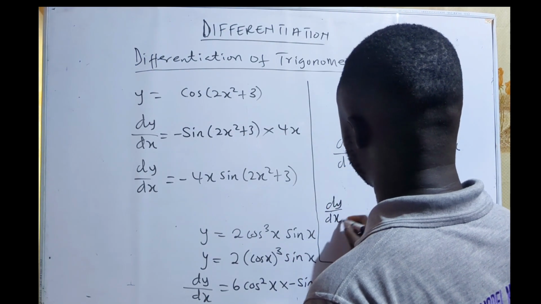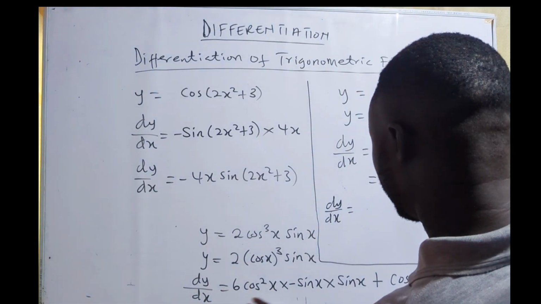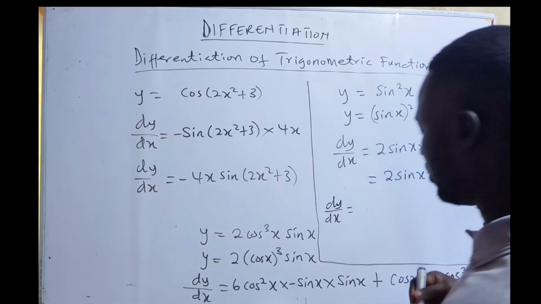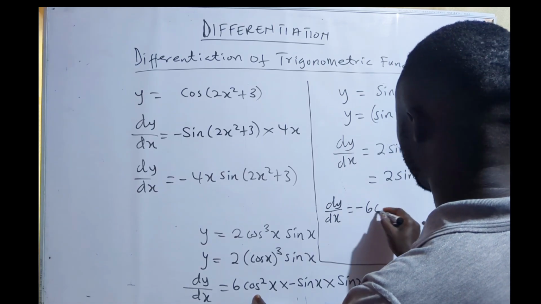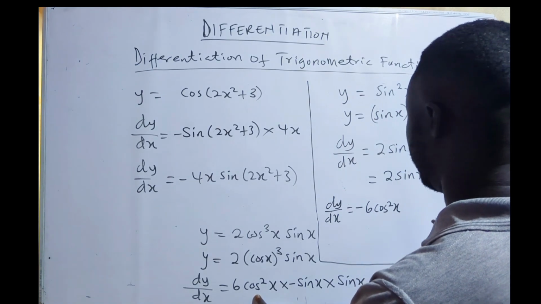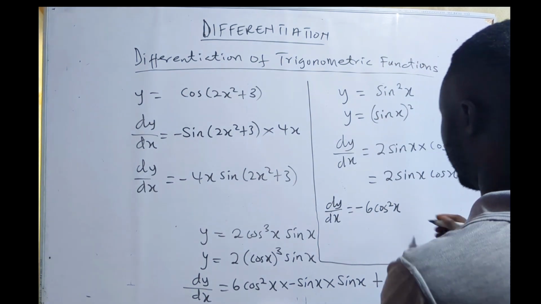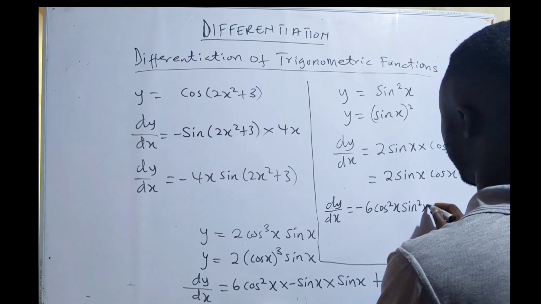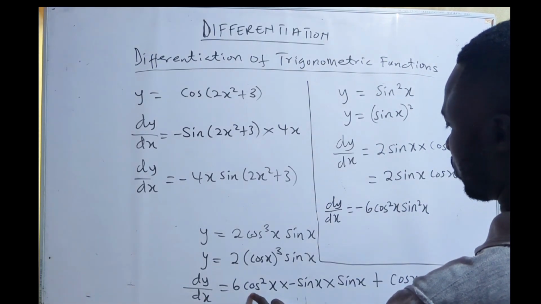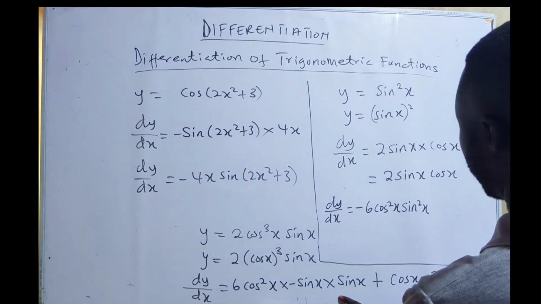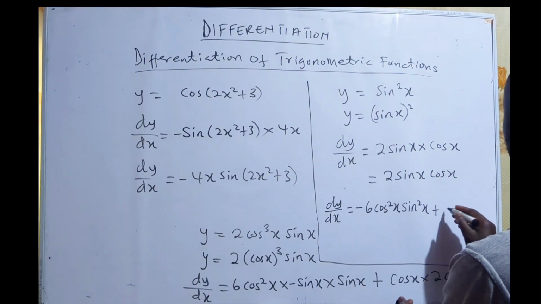So we can write our answer as dy on dx equal to what? Let's see, we have minus here, so the negative will affect this to give me minus 6 cos square x, then we have sine x here, that will give me sine square x, plus, then we have 2.